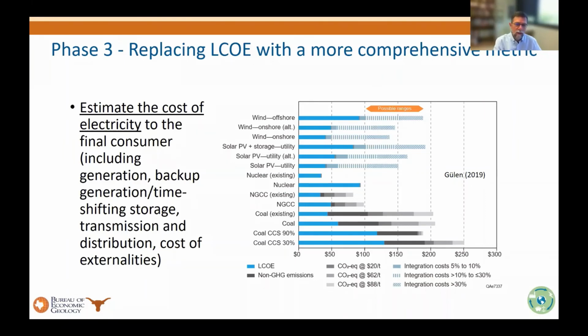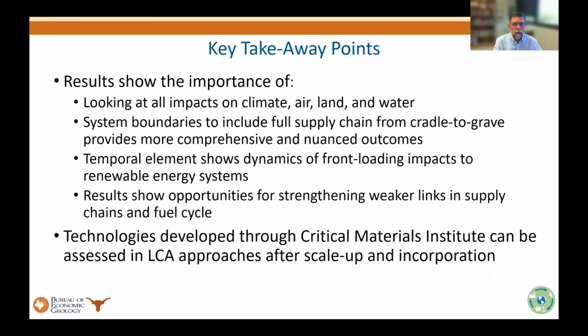So we intend to do all of that. Gurjan Gulen, our energy economist, has done a lot of work on this, has developed the metric, and has published on it extensively. So we're kind of coming to the end of the story.